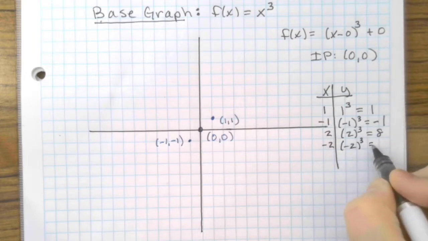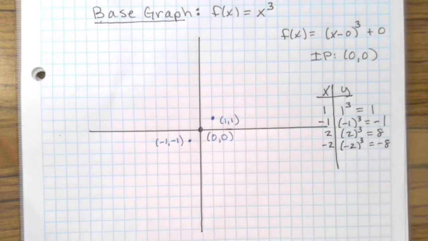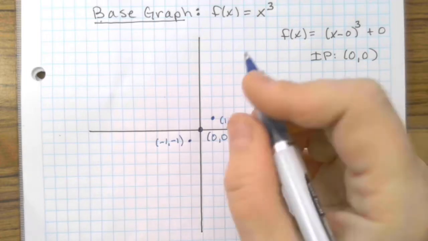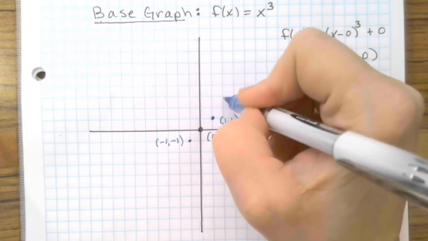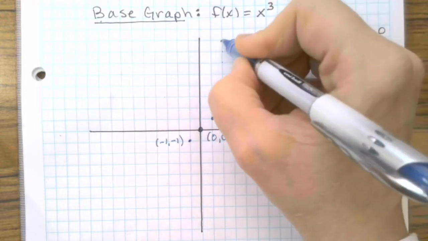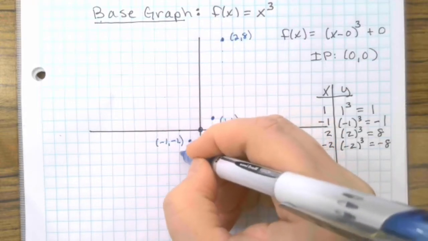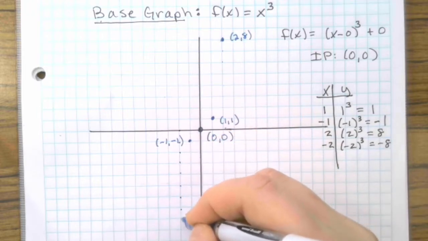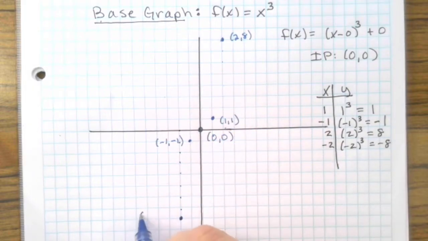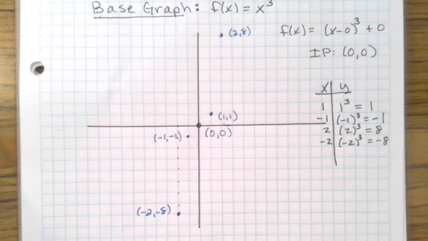Negative 2 cubed is negative 8. So you can see how fast these shoot up. So 2 to the right, 1, 2, 3, 4, 5, 6, 7, 8. There's 2, 8. Negative 2 to the left, 1, 2, 3, 4, 5, 6, 7, 8. Negative 2, negative 8.